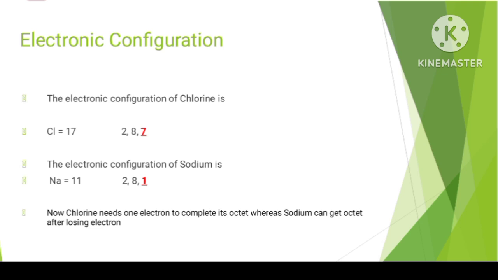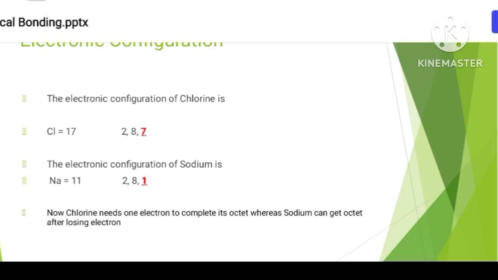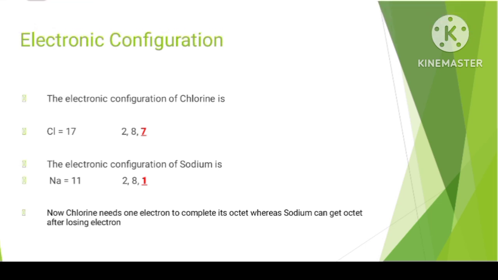In the same way, if sodium loses this 1 electron, its octet will also be completed, because the remaining electrons in the previous shell are 8. So after losing 1, 8 is going to remain in the last valence shell, which is why sodium will also get stability after losing this one electron. Chlorine needs one electron to complete its octet, whereas sodium can get an octet after losing an electron. I've written it here also, you can see it.